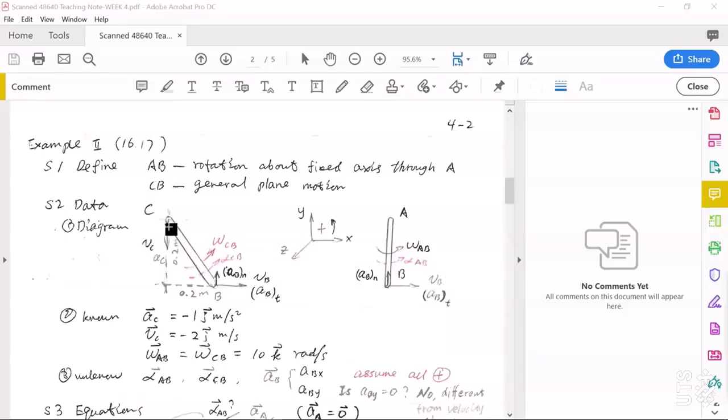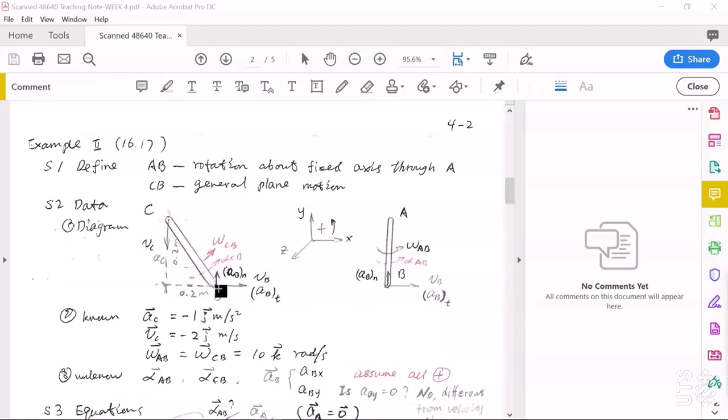They are downward vertical. So this means at point C on link BC, the velocity and the acceleration vC, aC, both of them should be vertical downward.